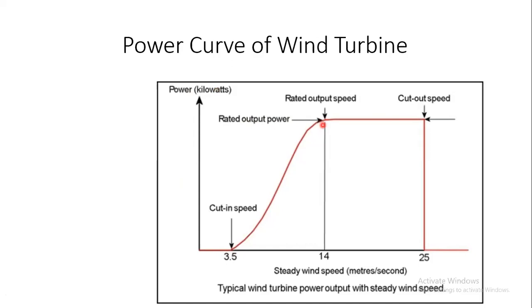Then the speed increases consistently to 25 meters per second, where the turbine reaches cut-out speed. This is the graph that reflects the typical wind turbine power output with steady wind speed.